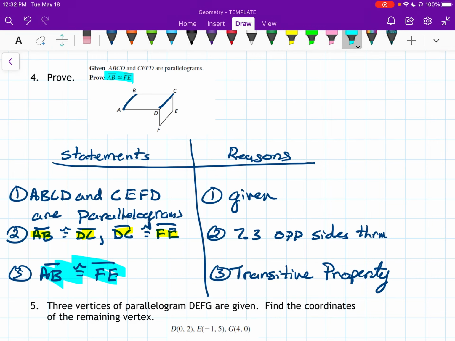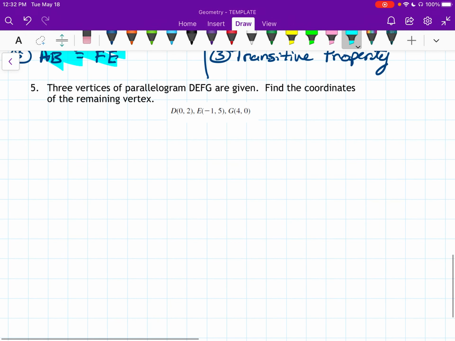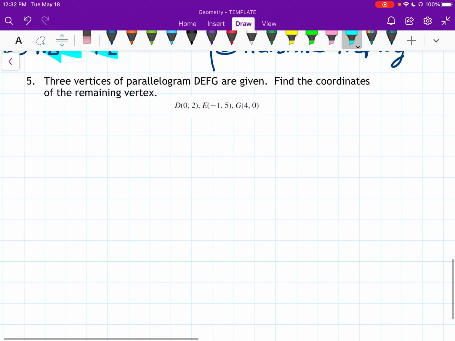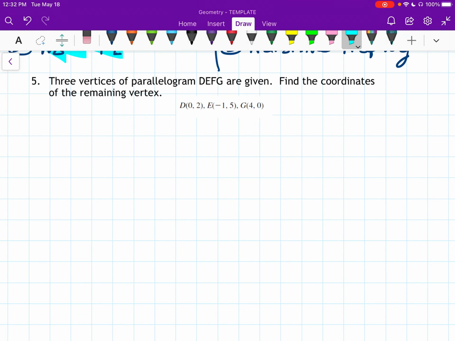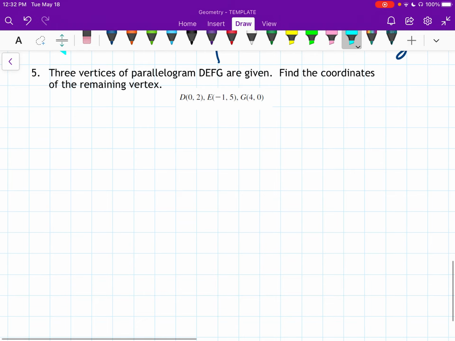All right, let's scroll down and look at number 5. Three vertices of parallelogram DEFG are given. Find the coordinates of the remaining vertex. All right, and the remaining vertex would be the other point. So what would that point be? It would be point F that we're looking for.